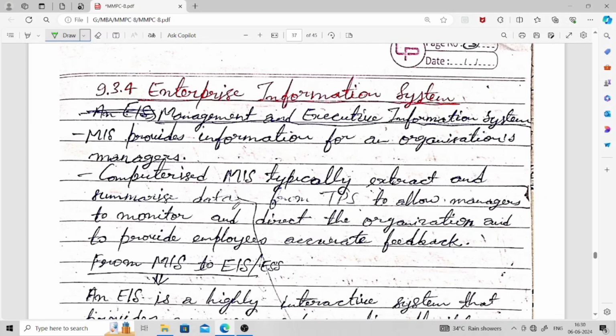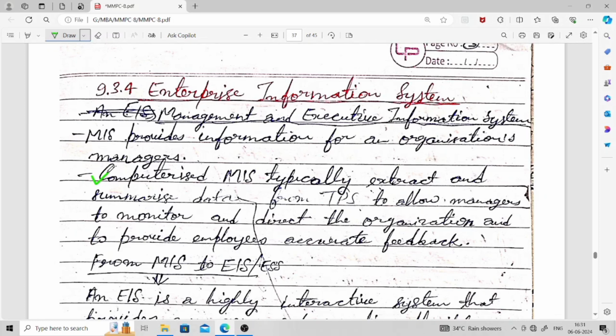So that's given about the computerized management information system. In case of computerized MIS, it extracts and summarizes data from TPS, the transaction processing system, so that it can allow managers to monitor and direct the organization and provide employees accurate feedback.